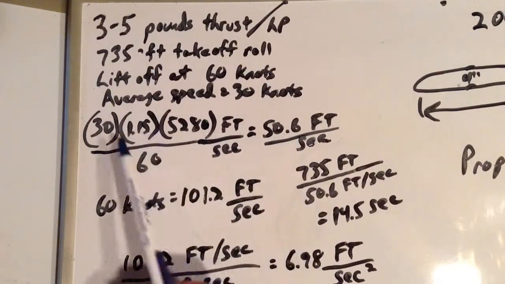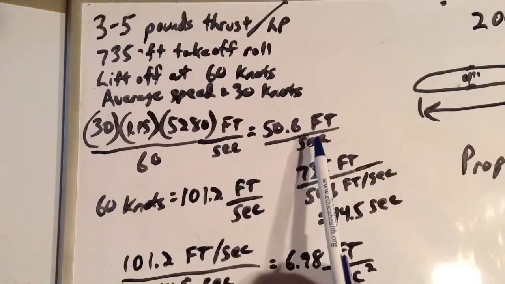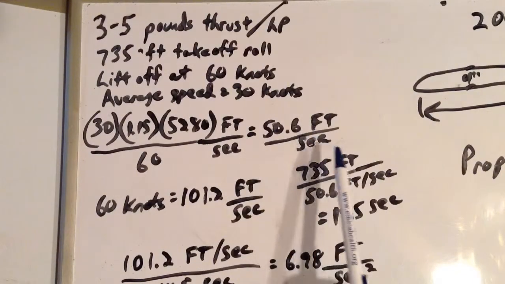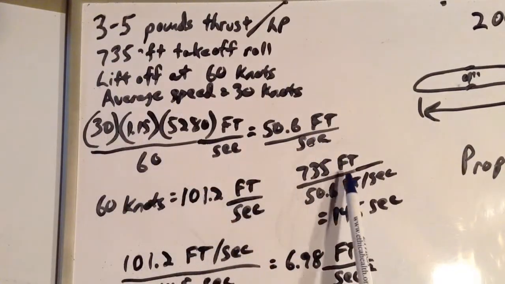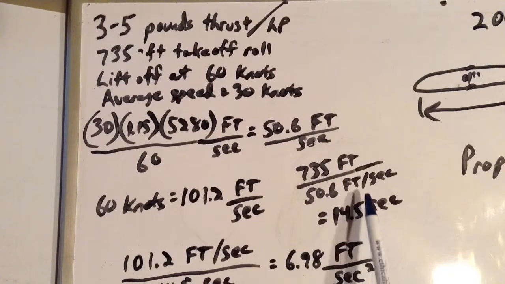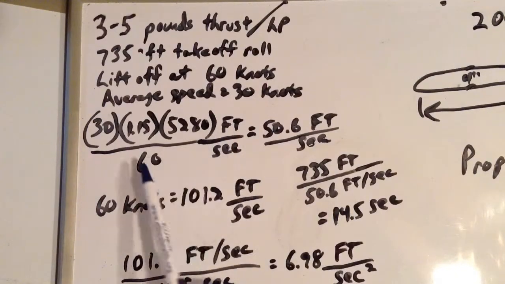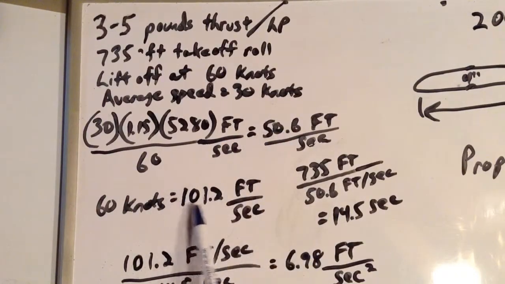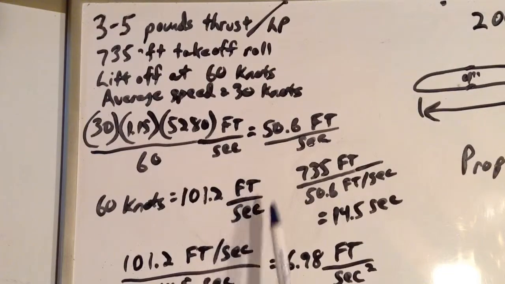That's our average speed over the 735 feet. So 735 feet divided by 50.6 feet per second tells us that it takes 14.5 seconds to take off in a Cessna 150. But we got it up to 60 knots, which is twice this, 101.2 feet per second.